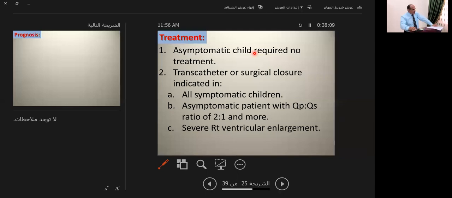These are indications for the surgical or transcatheter closure of the ASD. An asymptomatic child with a ratio of pulmonary to systemic circulation of 2:1 or more, because pulmonary hypertension will develop, which we measure by echo, and if there is severe right ventricular enlargement.